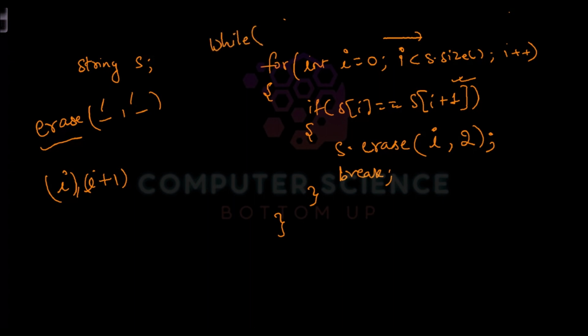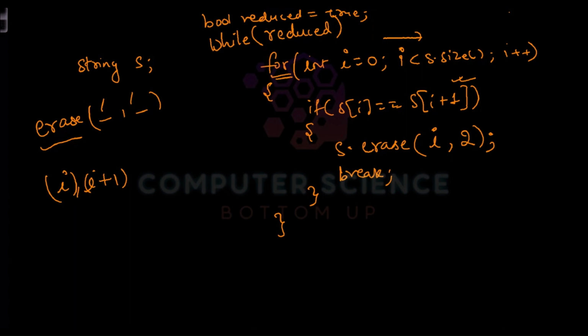While reduced, which means I am going to take a Boolean variable reduce and initially set it as true. If your string does not get reduced throughout this for loop, then this is the reduced string.